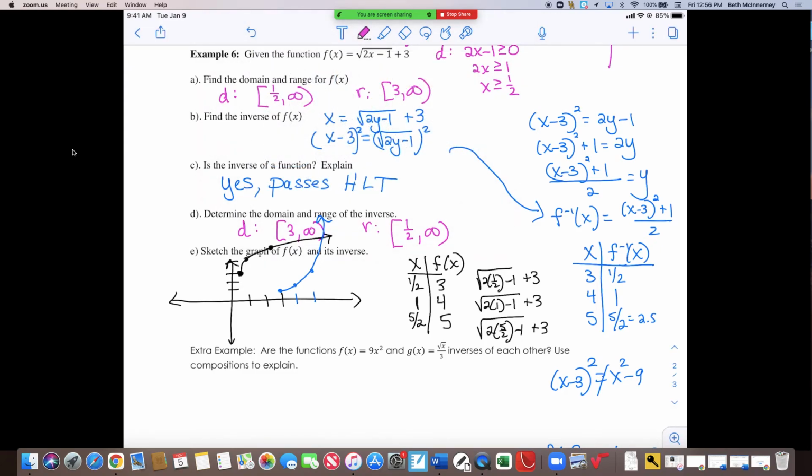And I need you to be mindful that inverses are a reflection over the line y equals x. So I want you to imagine when you do that first one, so we know what the square root looks like, you're reflecting it over that line y equals x.